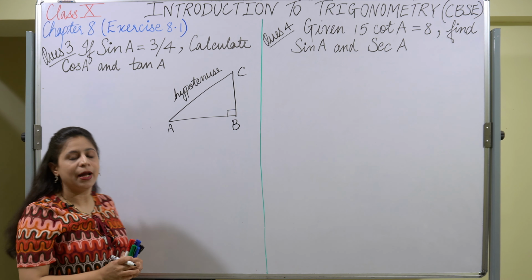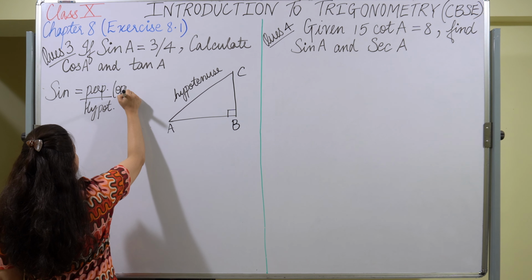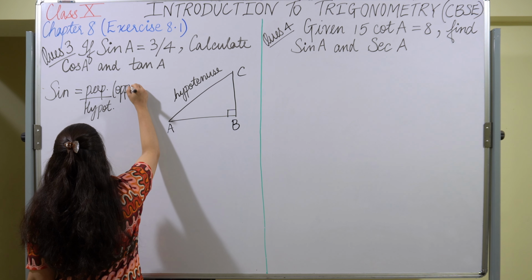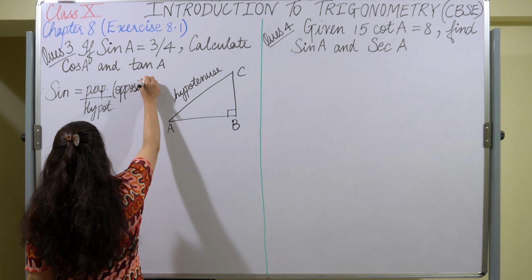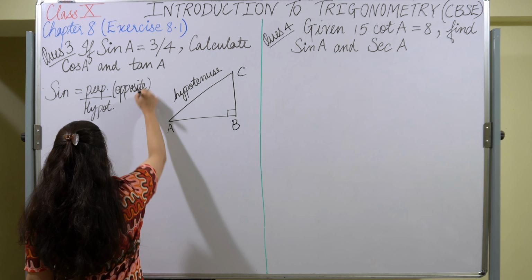Now, sine is always given by perpendicular upon hypotenuse. Perpendicular you can say, or you can also say the side which is opposite to the angle. So A is over here.